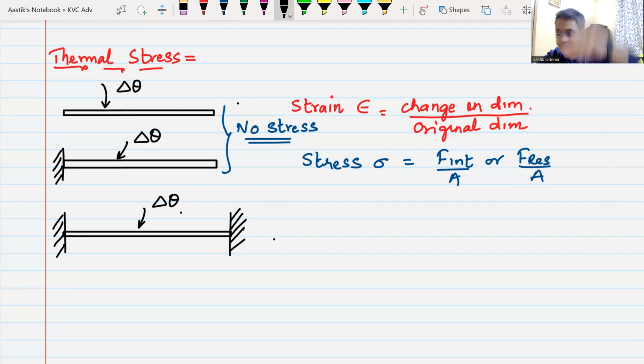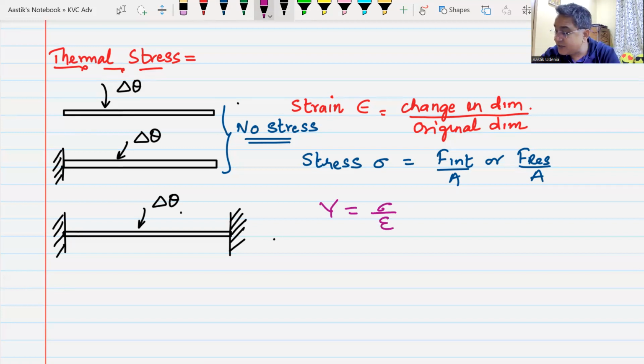Now, whenever we talk about stress and strain, we talk about Hooke's law, we talk about modulus of elasticity. This gentleman comes into the picture. Why? What is this Y? Young's modulus. Sigma by epsilon. Do we understand this? Yes, sir.